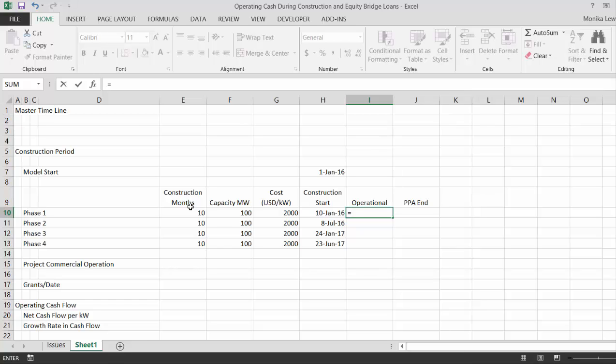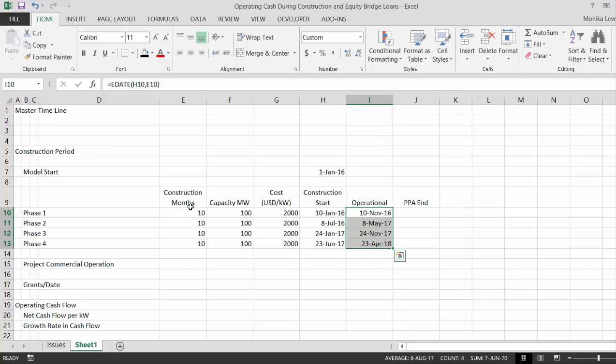Let's say they become operational 10 months later, so EO date. And we go to the construction ones. We put different dates in.